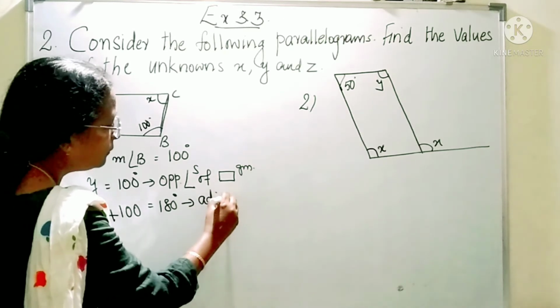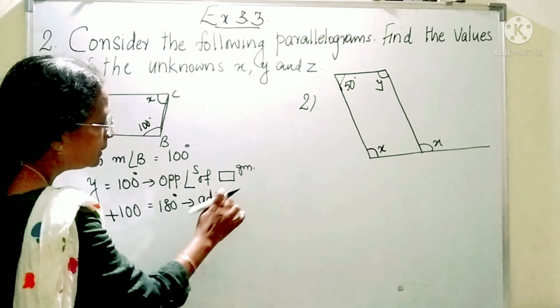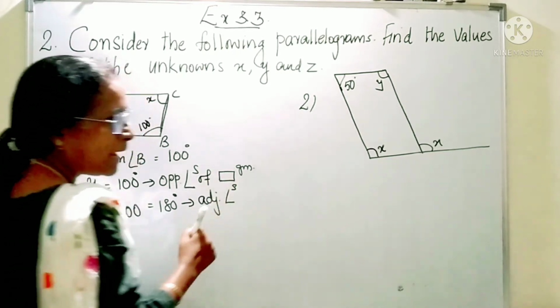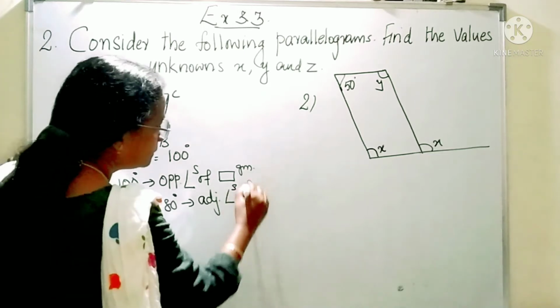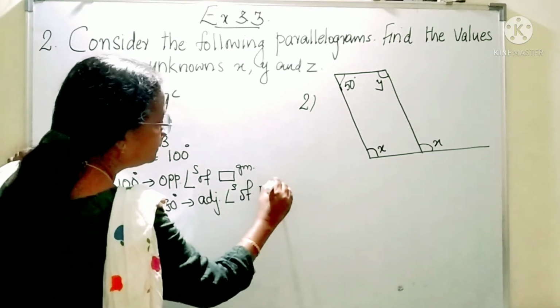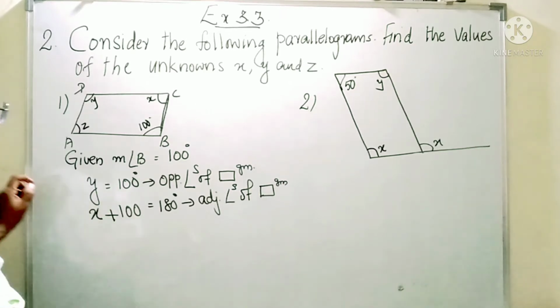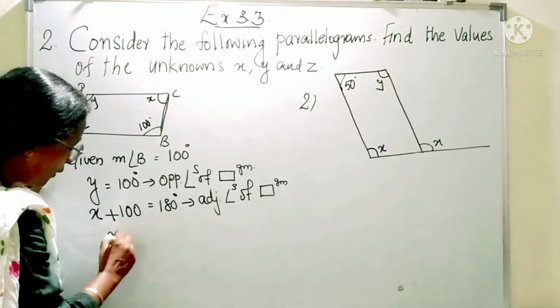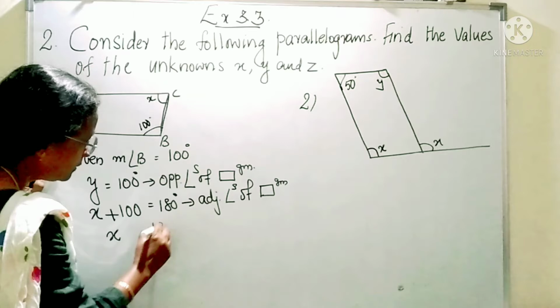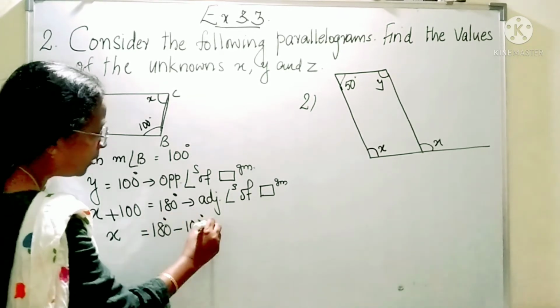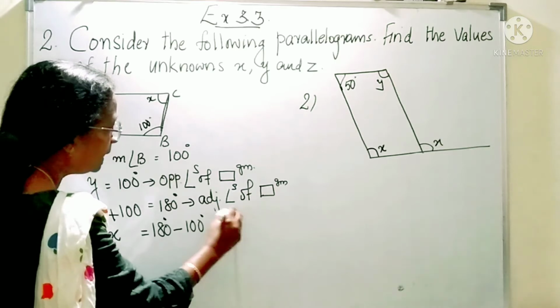Adjacent angles of parallelogram are supplementary. So from here we can find out the value of x, which is equal to 80 degrees.